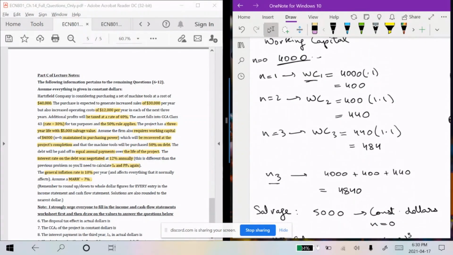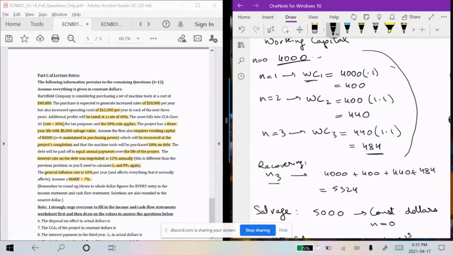So at n equals 3, the working capital use would be 484, and then the recovery would be all of this from the 4,000. So it would be 4,000 plus 400 plus 440 plus 484. Let me do it again. You get 5,324.